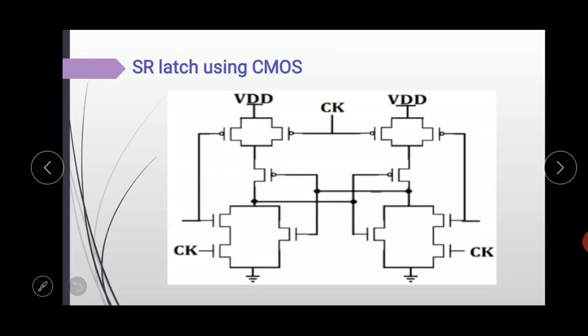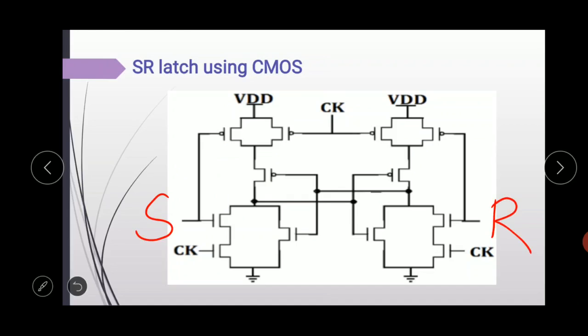So this is the SR latch using CMOS. Here the circuit looks very complicated. This one is the S input, this one is the R input.